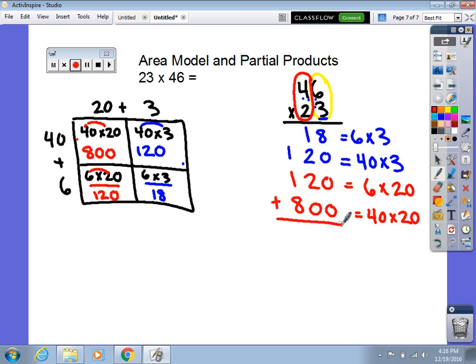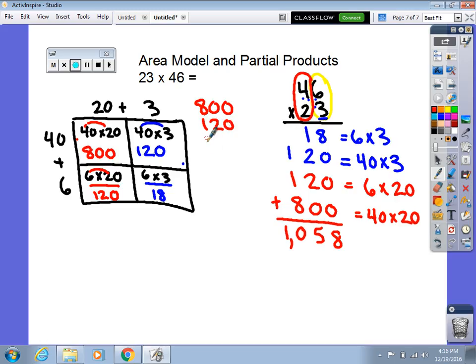And now that I've solved all 4 parts, I can add up my answer. And then I need to add up what I got in my area model. And hopefully, if I've done all of my math correctly, I will get the same answer.